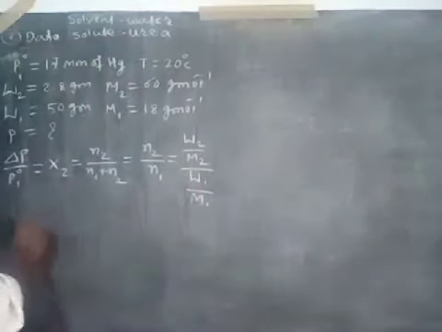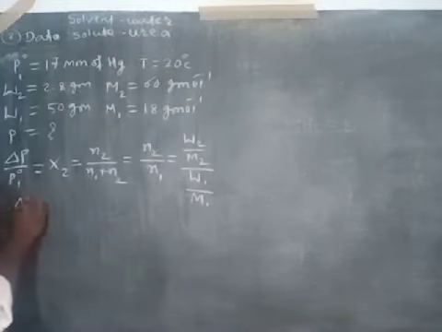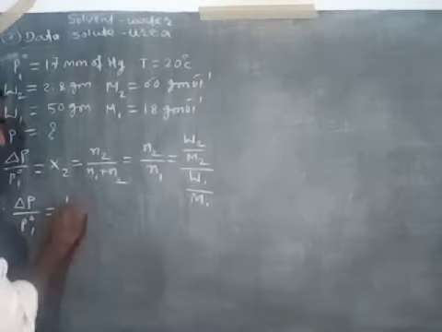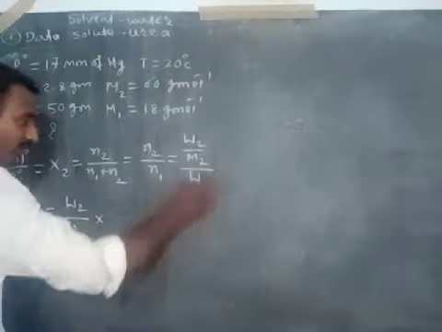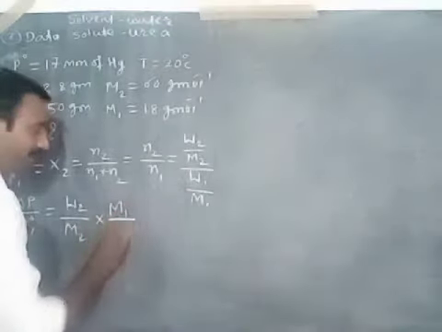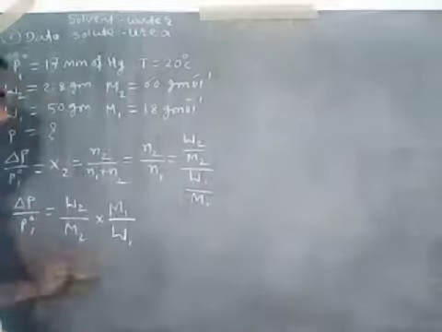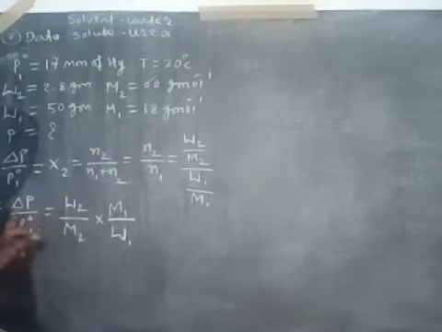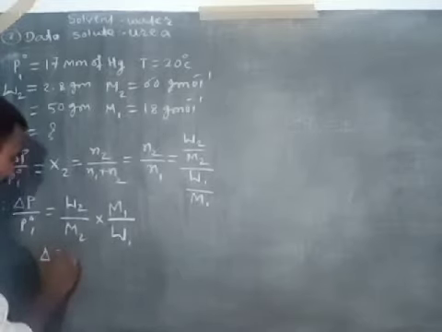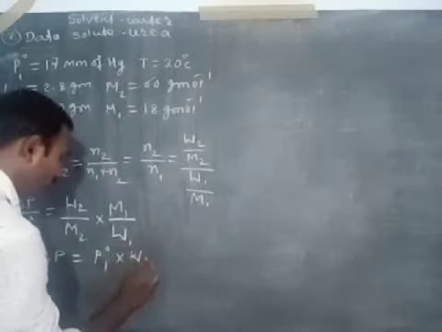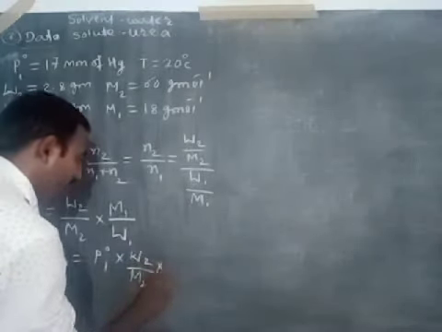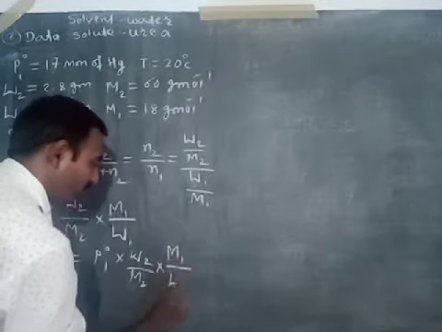Okay, and that's why this formula will become delta P upon P01 is equal to W2 upon M2, and M1 goes to the numerator and W1 goes to the denominator, so the formula looks like this. Now delta P can be written as P01 into W2 upon M2 into M1 upon W1.